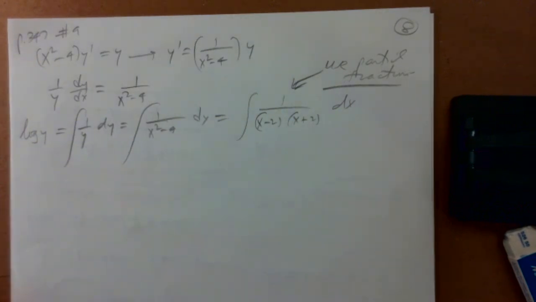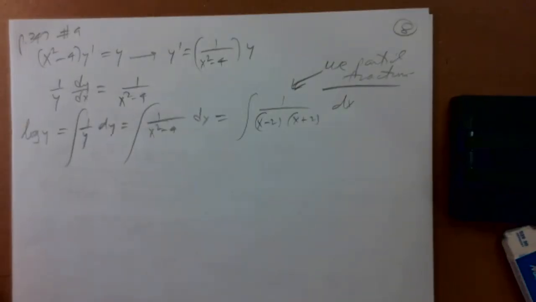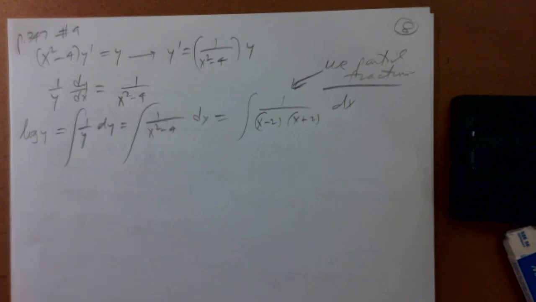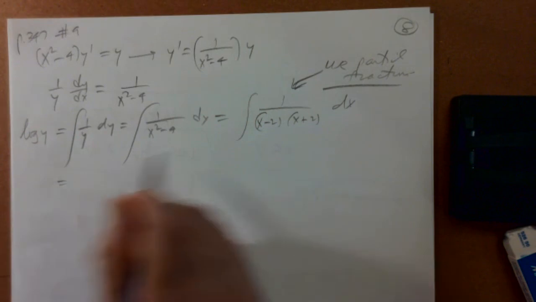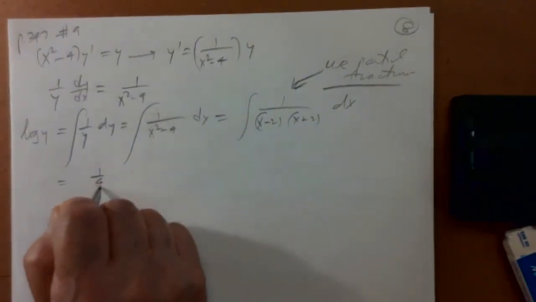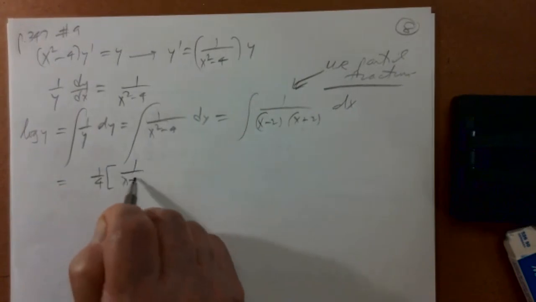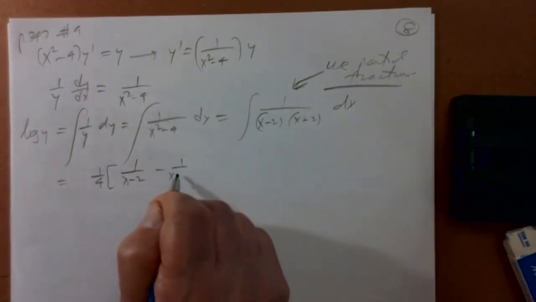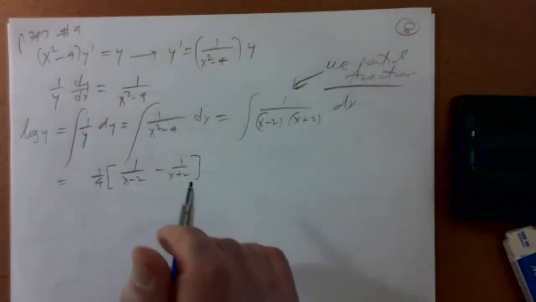Professor, at that part, I use a trick substitution. Sorry? So you can use also the method too. That is wrong. Well, I mean, 1 over x minus 2 times x plus 2 is the same as a fourth times 1 over x minus 2 minus 1 over x plus 2.